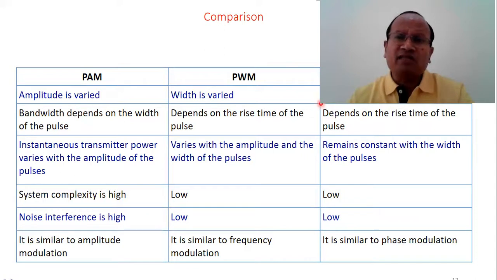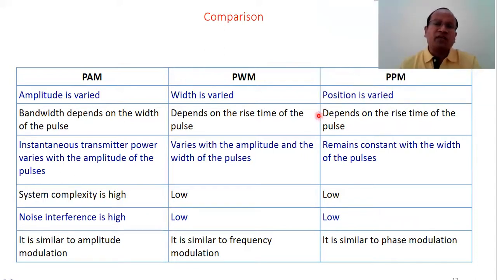By comparing, we can summarize the lecture also. In this lecture, we have discussed the pulse modulation scheme. Pulse modulation is a method in which one of the attributes of a pulse changes in accordance with the instantaneous value of the modulating signal.